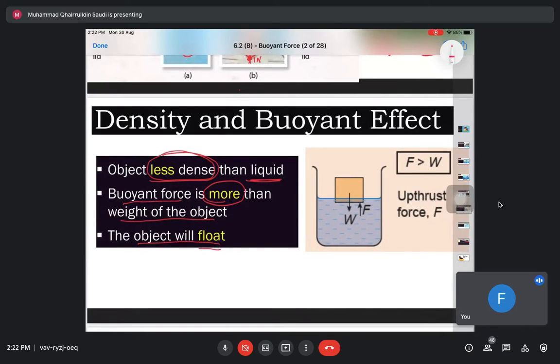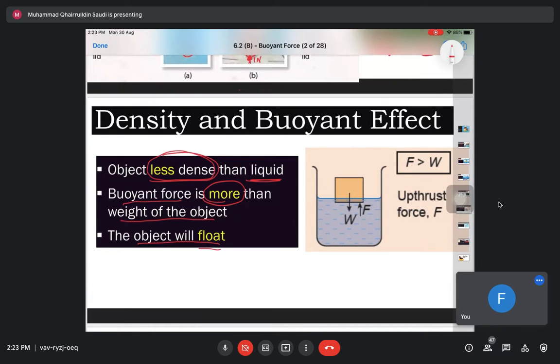So right now, kita hanya belajar tentang why does the less dense object float on a liquid while a denser object will sink in a liquid. Kalau sebelum ni kita hanya tahu, for example, a question asks you, why does the rubber duck float on water?